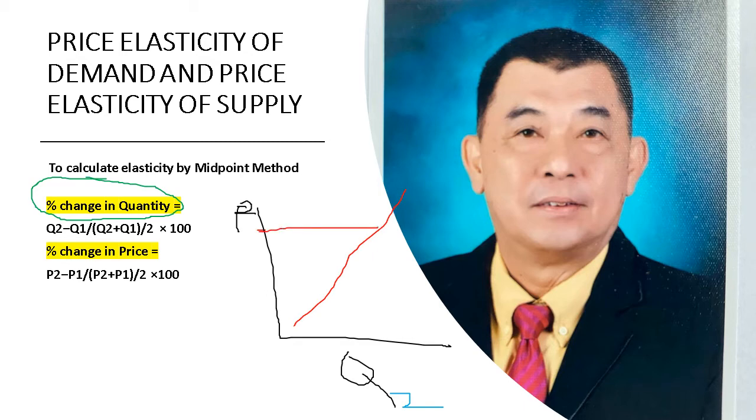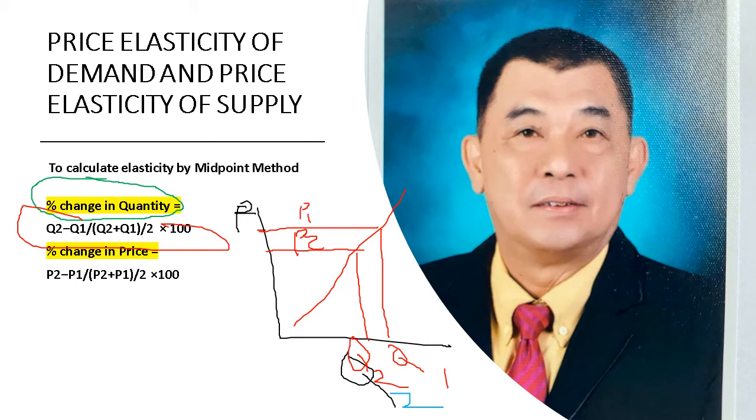This one is P1, this one is P2, this one is Q1, and this one is Q2. If you want to calculate the percent change in quantity, you use this formula, and if you want to calculate the percent change in price, you use this formula.